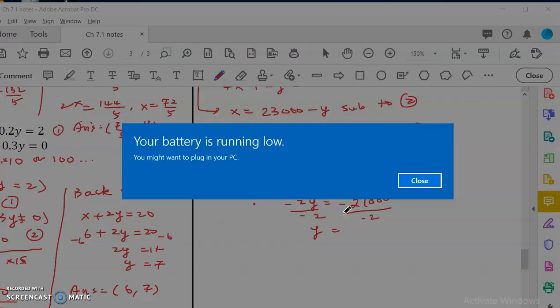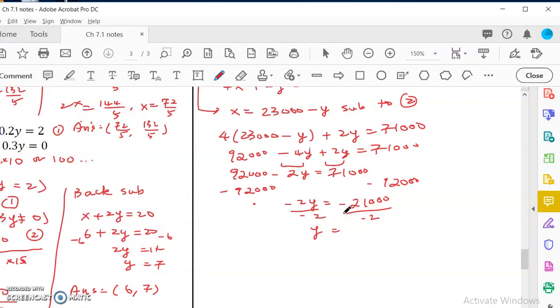Negative 21,000 divided by negative 2 is 10,500. So that's y. And what about x?